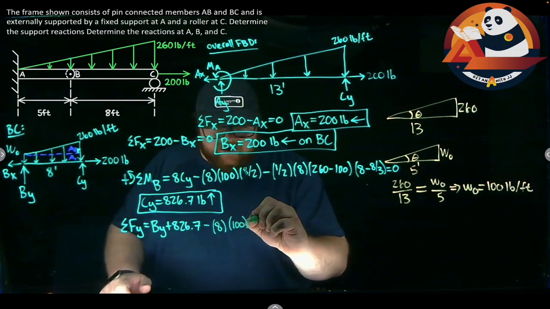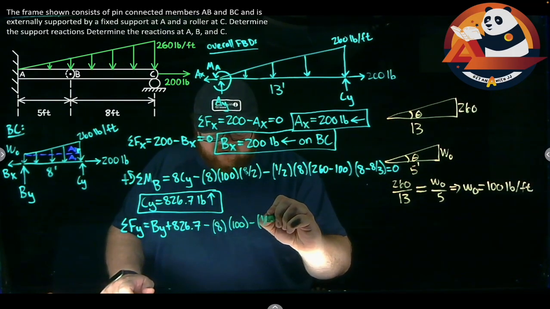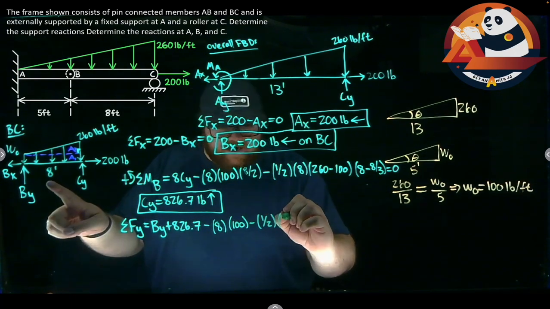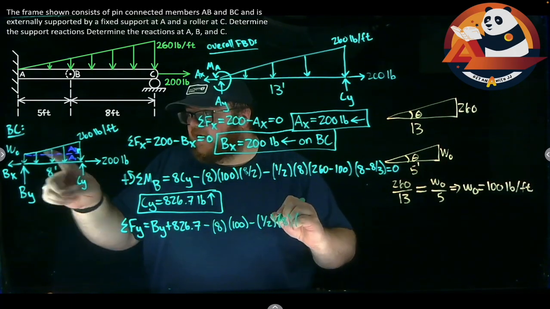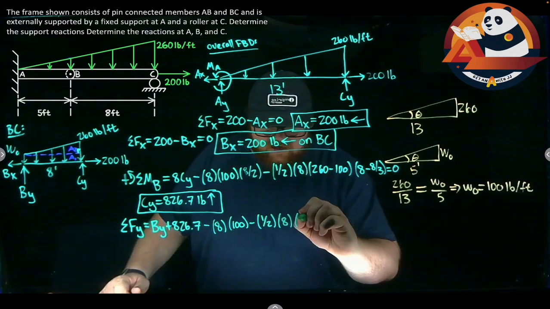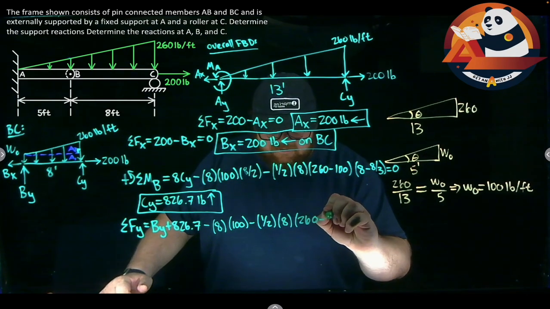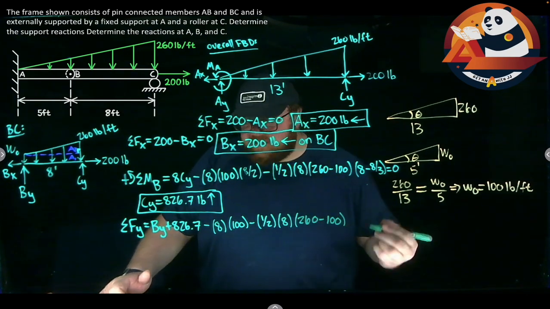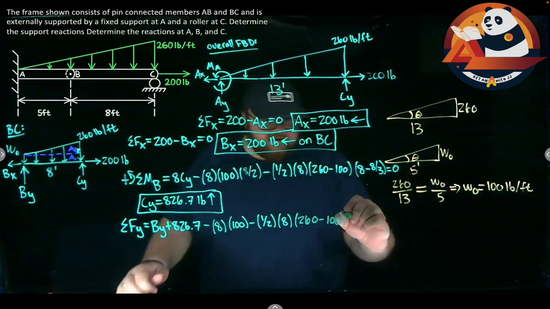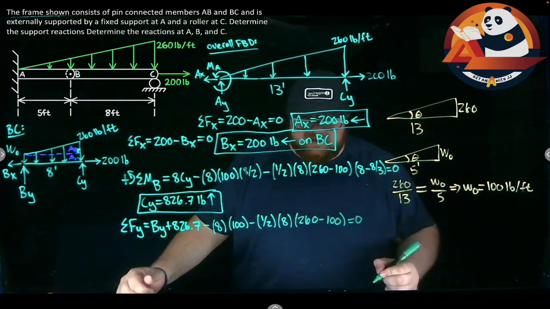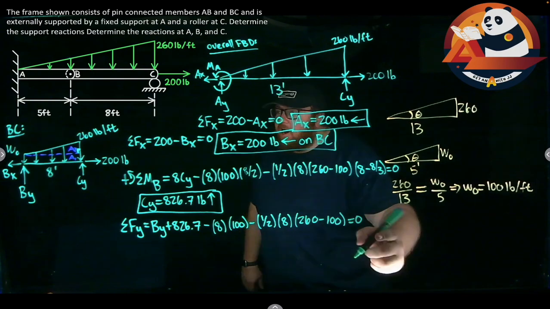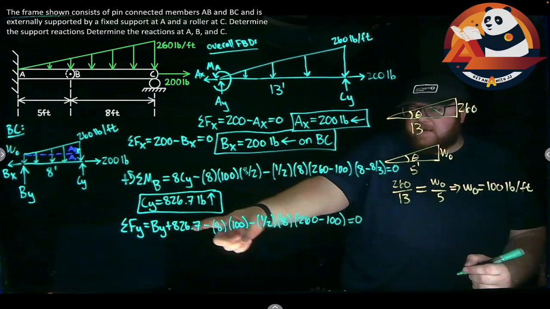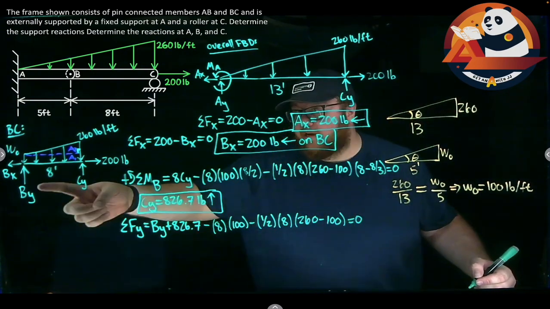Minus the area of area 2. Minus, that's our force piece, 1/2 base, 8, times height, 260 minus 100. 260 minus 100, or 160, is going to get us to 0. Equals 0.